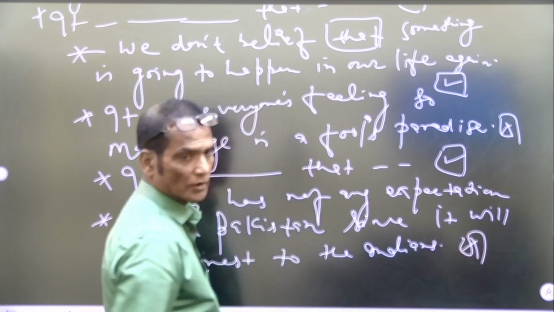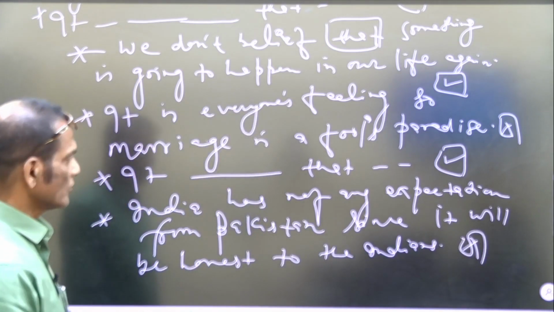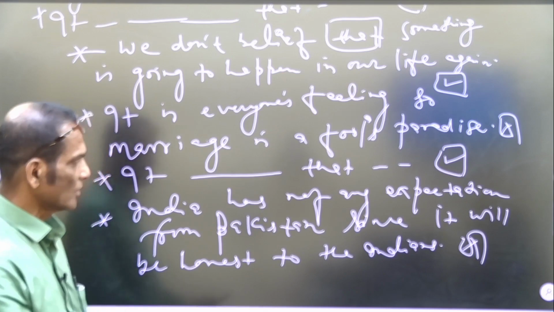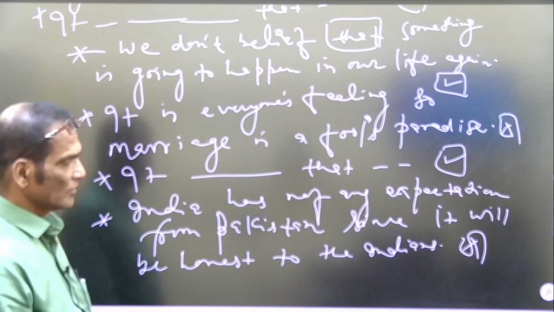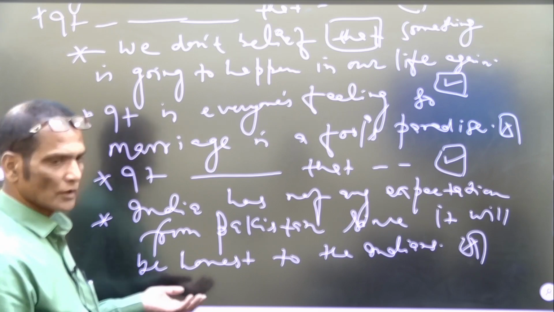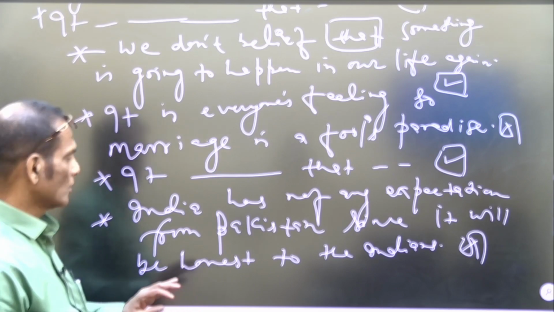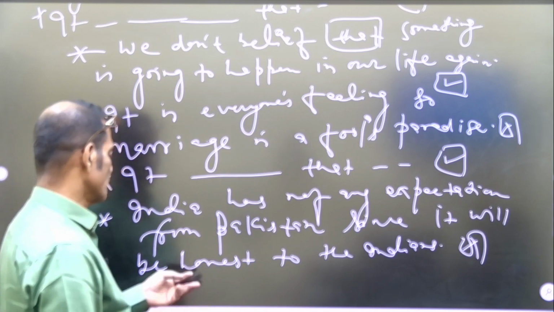This one is incorrect. India has not any expectation from Pakistan since it will be honest to the Indians. This one is also very nice, I mean a truly true sentence.